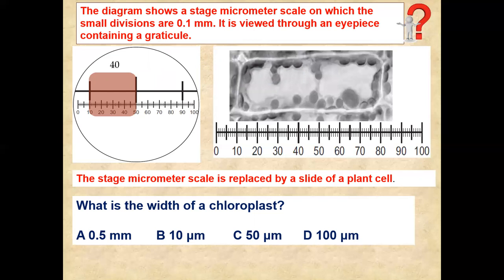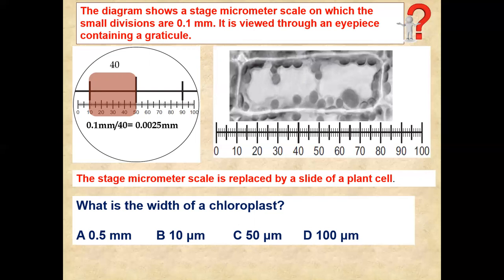Now, with the help of this data, we shall measure the width of one eyepiece reticule unit. So the 0.1 millimeter width of the stage micrometer divided by the 40 units of eyepiece reticule is equal to 0.0025 millimeter. This 0.0025 millimeter is the smallest unit of the eyepiece reticule.